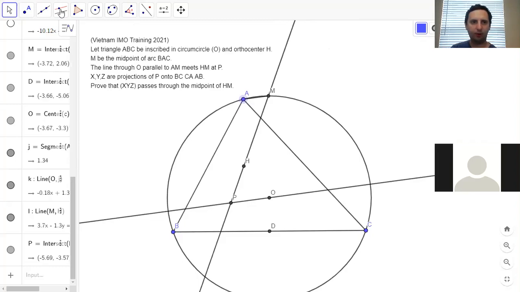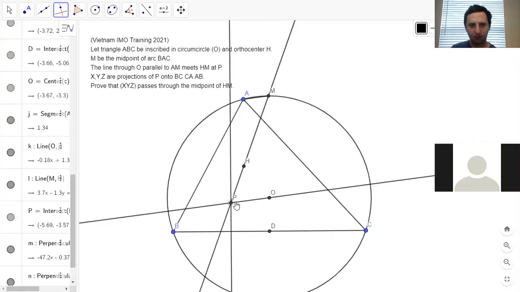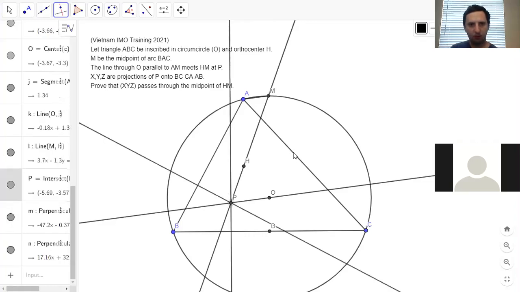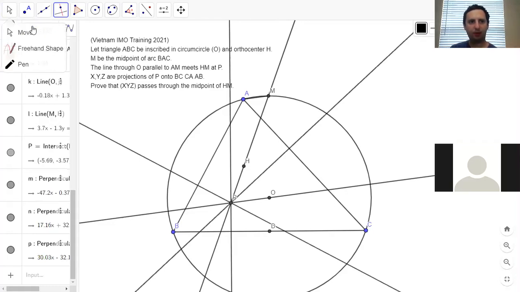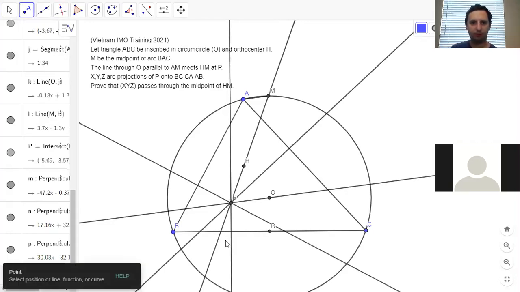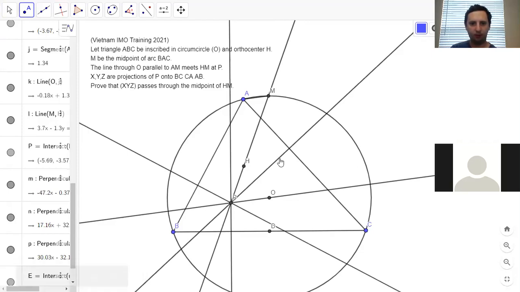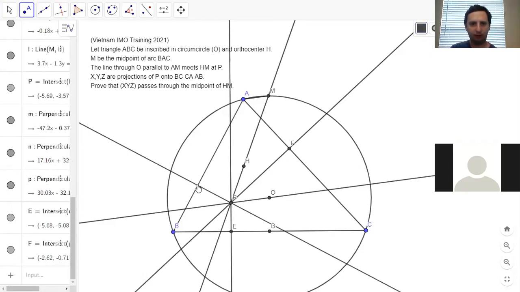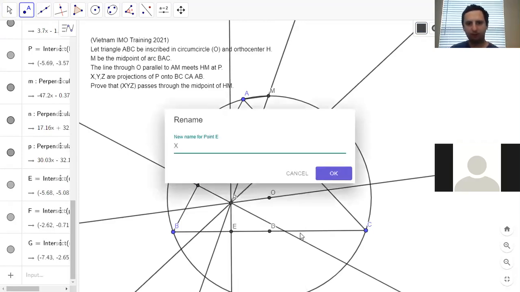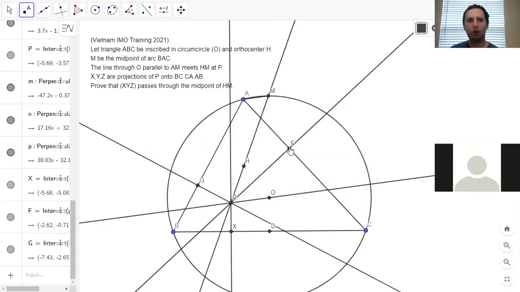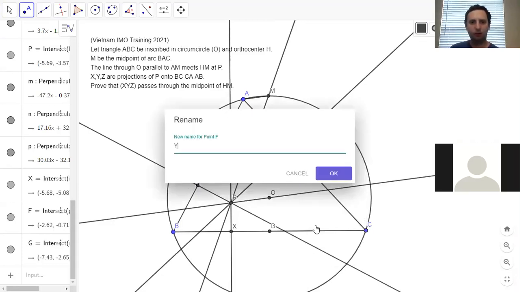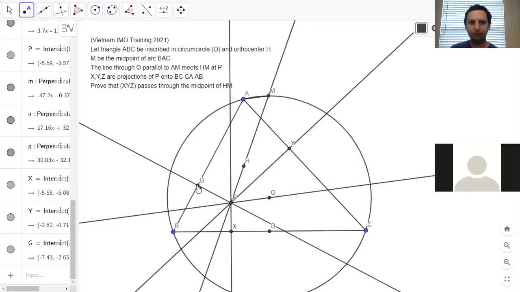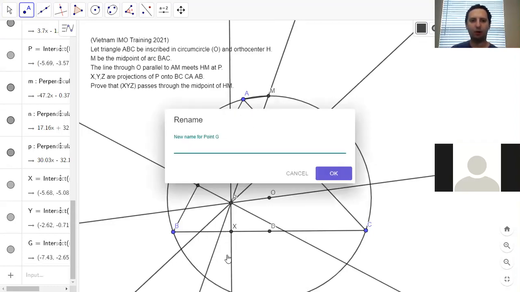And then I'll draw the 3 perpendiculars. This almost makes me think of isogonal conjugates because we have the 3 perpendiculars. So X, Y, Z. Yeah, this looks a lot like isogonal conjugates.